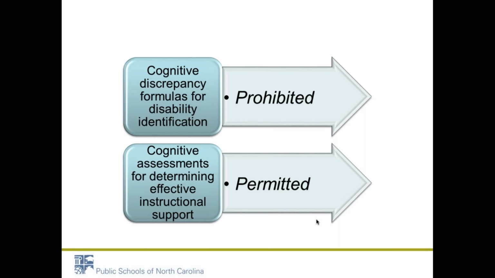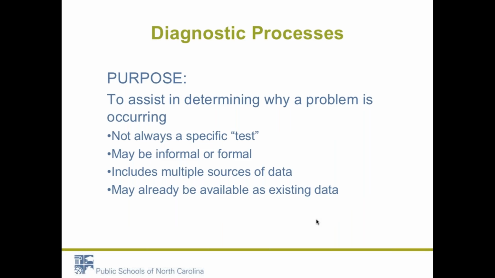We may need to know whether the rate at which a student can process and apply new information might be a contributing factor. And these are some examples of how we might need to go into our cognitive assessment toolbox and pull some instruments that will give more of that diagnostic purpose to help inform effective instructional planning for that student.